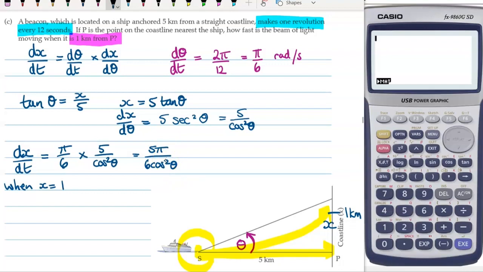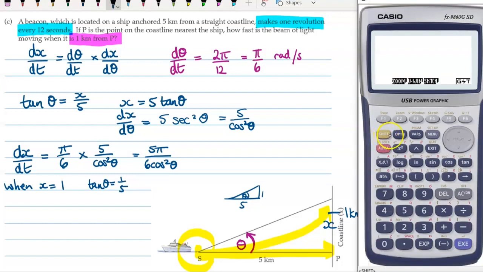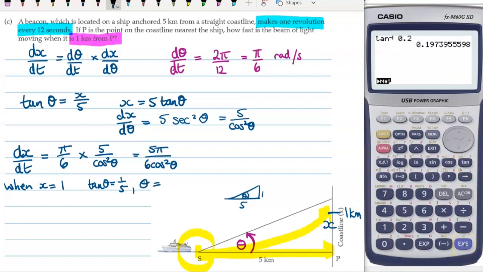If we've got the triangle with 5 and 1, we can find theta there. Tan theta is equal to 1 over 5. If we do inverse tan of 1 over 5, we get theta is equal to 0.197.